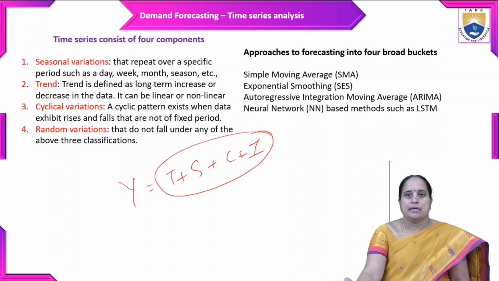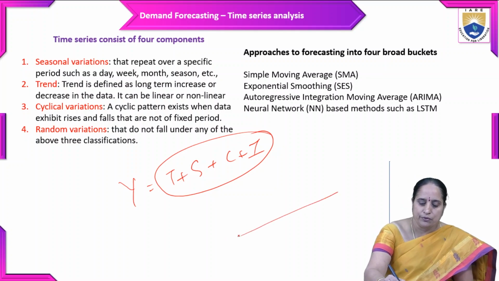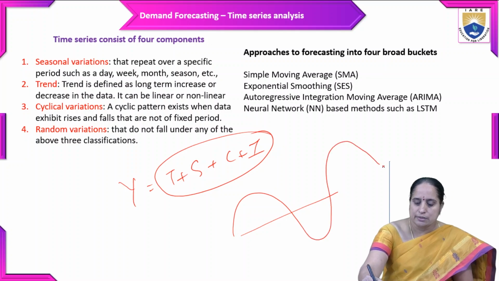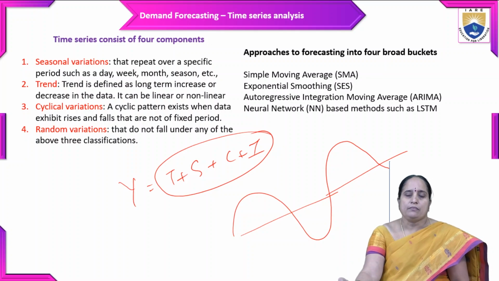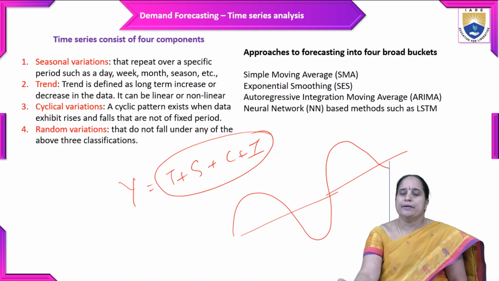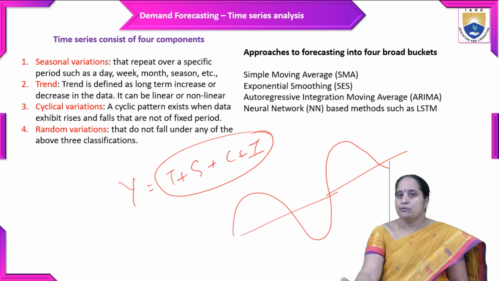And the next one is cyclical variations. A cyclic pattern exists when the data exhibit rises and falls that are not of a fixed period. If you observe business cycles, it is a cyclical process. Every stage is in recurring mode. The next is random variation, which does not fall under any of the above three classifications.